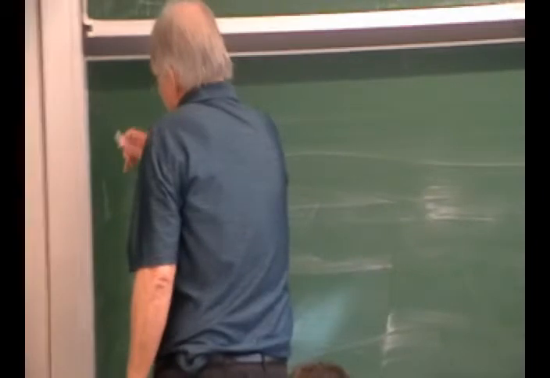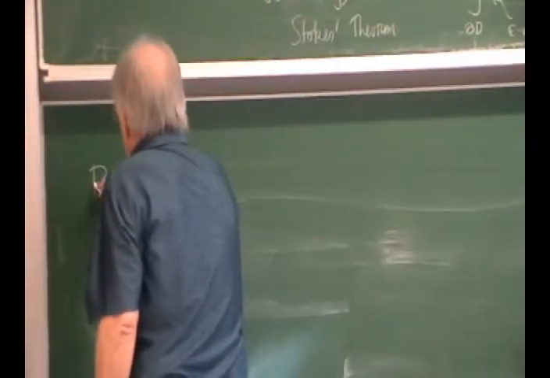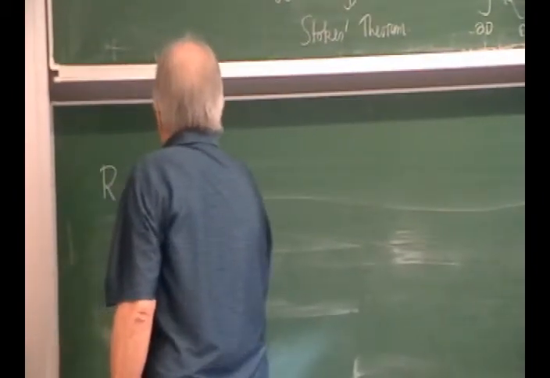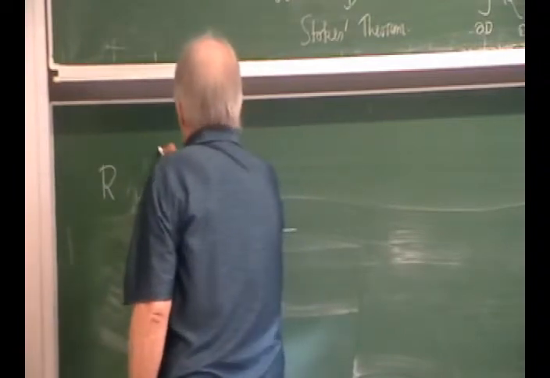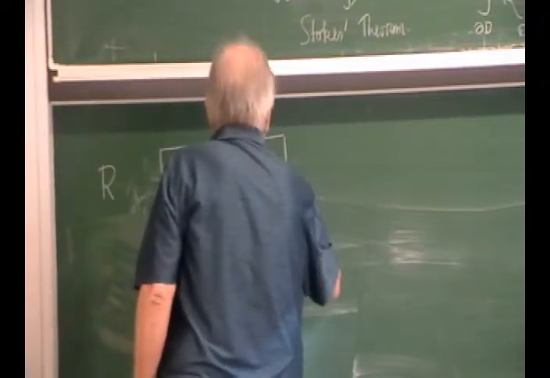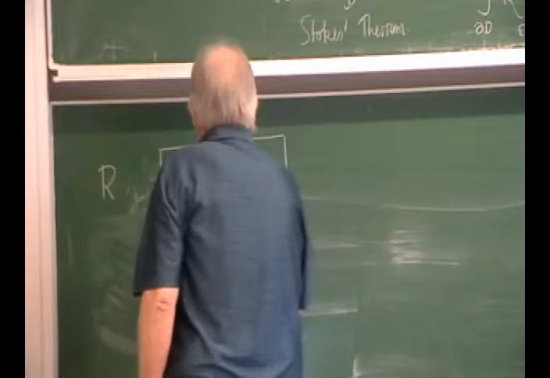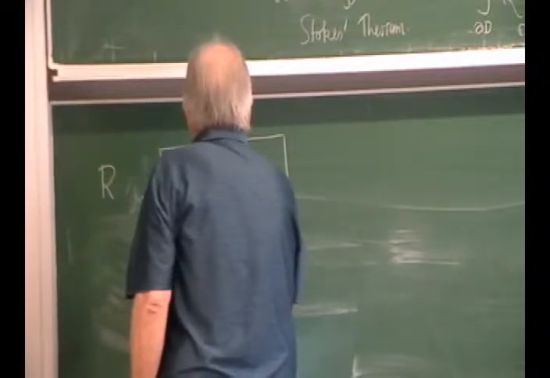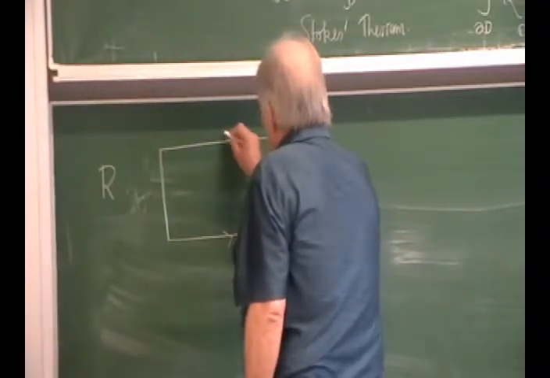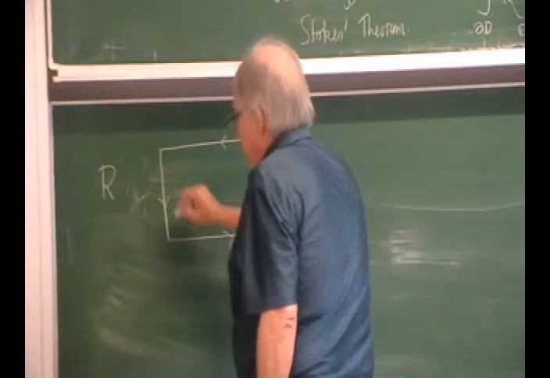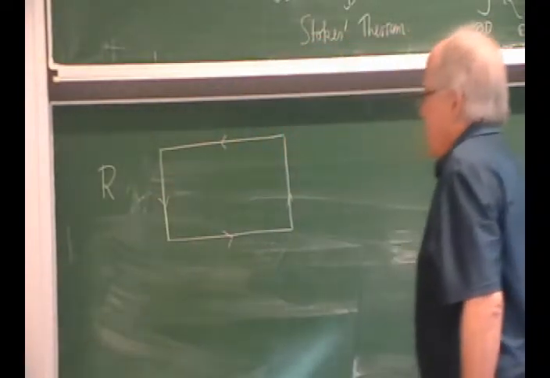So for smooth, here's a rectangle R. Let's draw it this way. I'm in the plane, so I'm going to indicate the orientation as we know: you're running around the boundary with the rectangle on your left.